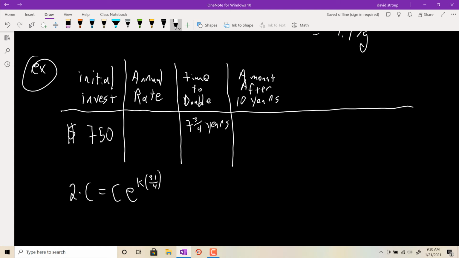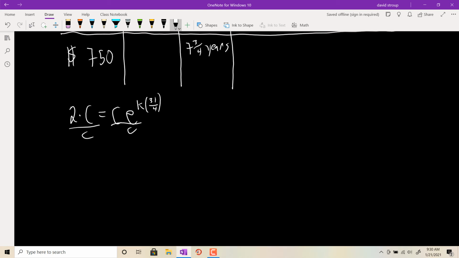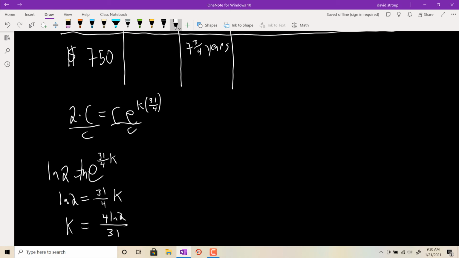Then you can divide both sides by c, and then take the log of both sides, and you should be happy. So 2 equals e to the 31/4 k. Take the natural log on both sides, and you end up with ln of 2 equals 31/4 k. Multiply both sides by 4/31, and you get k equals 4 ln of 2 all over 31.